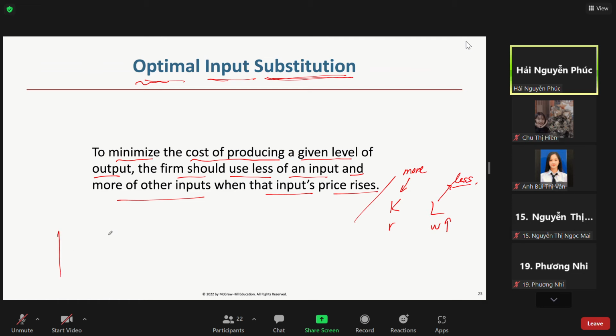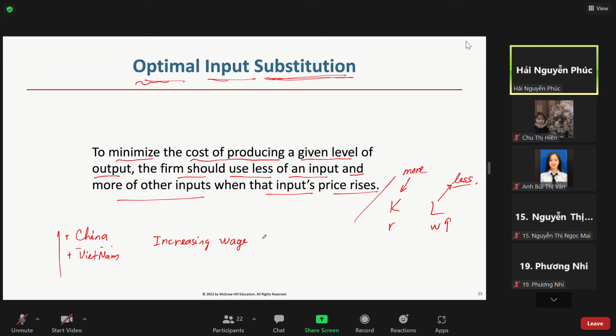Let's think about the following situation. You can see that many countries like China, Vietnam, many developing countries, face the problem of increasing wages, right?